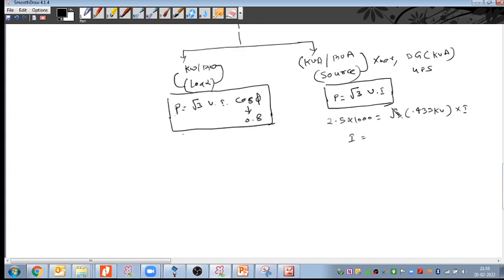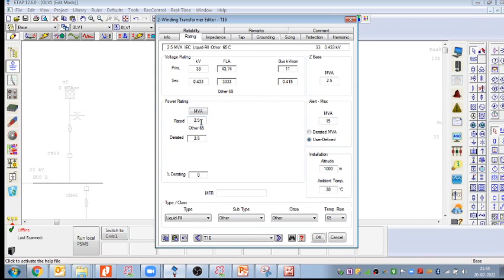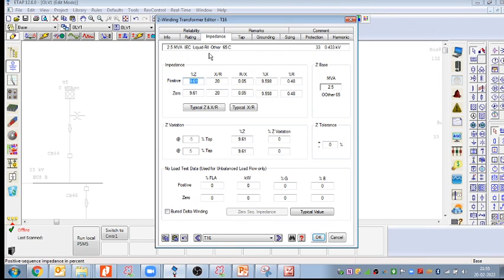Now, coming back to the ETAP again. 2.5 MVA, this much we can take. The formula is also discussed, and then go to the impedance tab. How to set the impedance, we'll discuss later on, but let me go with the typical Z and typical X by R. How to calculate the X by R, I will explain in the ETAP module.